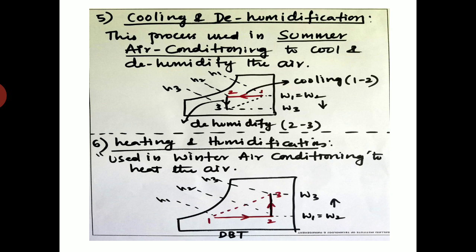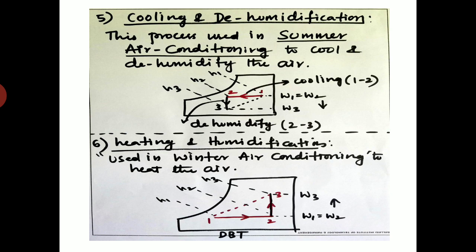Heating and humidification is used in the winter air conditioning system to heat the air or to keep the air warm. You can refer: 1 to 2 is the heating process, then 2 to 3 is the humidification process, adding moisture to the atmospheric air.